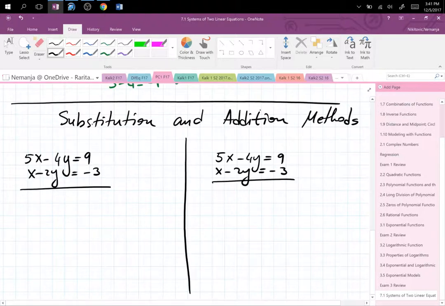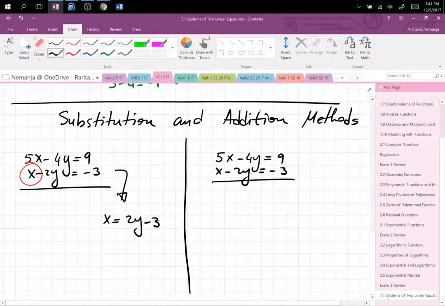So, to work on the substitution method, hopefully you remember that you are supposed to locate a single variable. Out of 5x, 4y, x, and 2y, the only single one is x. You solve for it. So from this equation you would say x equals 2y minus 3.